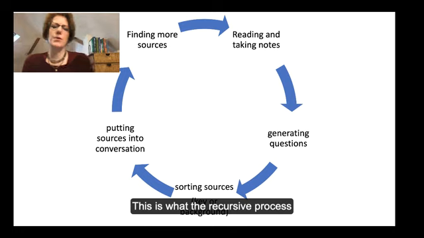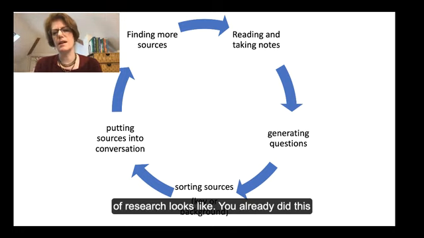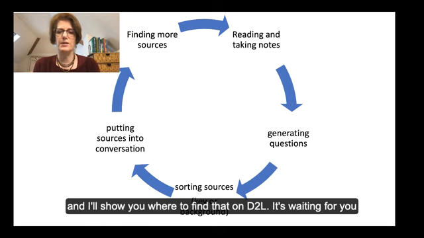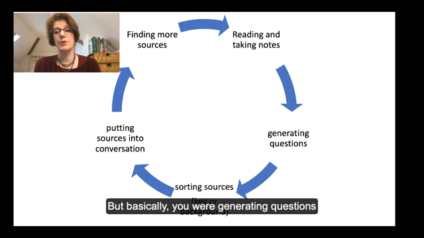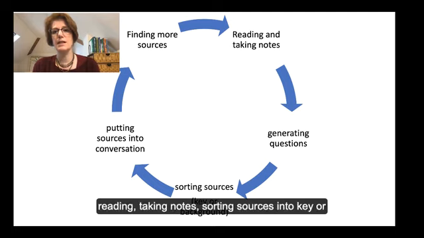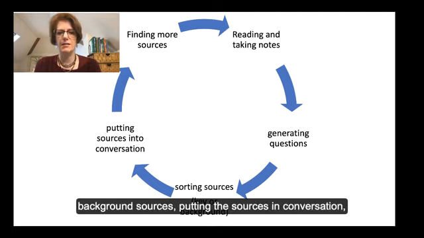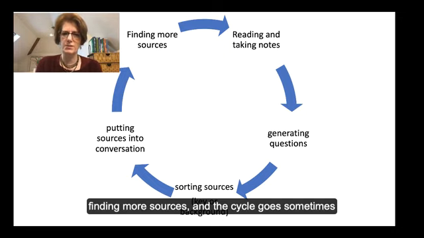This is what the recursive process of research looks like. You already did this, and I'll show you where to find that work on D2L. It's waiting for you, all ready to queue up and put into your annotated bibliography. But basically, you were generating questions, reading and taking notes, sorting sources into key or background sources, putting the sources in conversation, finding more sources.